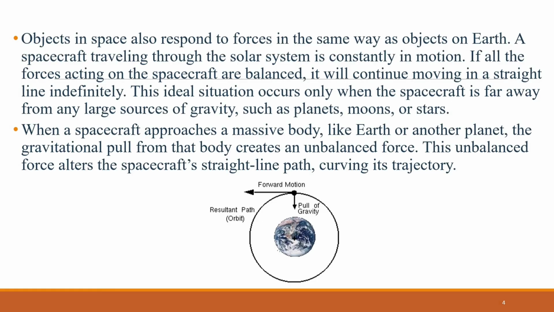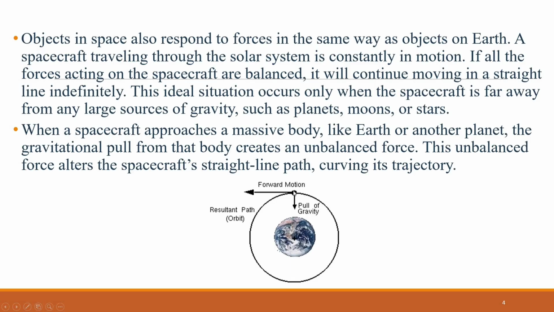A spacecraft traveling through the solar system is constantly in motion. If all the forces acting on the spacecraft are balanced, it will continue moving in a straight line indefinitely. This ideal situation occurs only when the spacecraft is far away from any large sources of gravity, such as planets, moons, or stars.